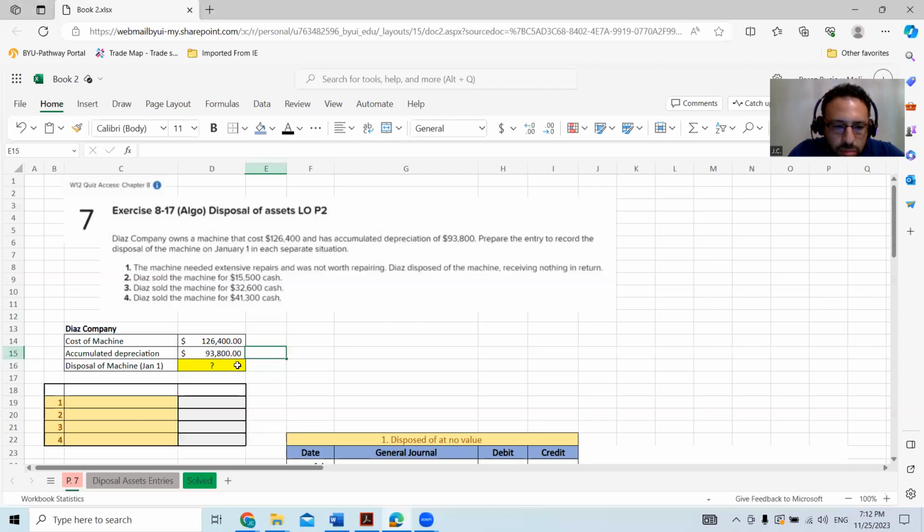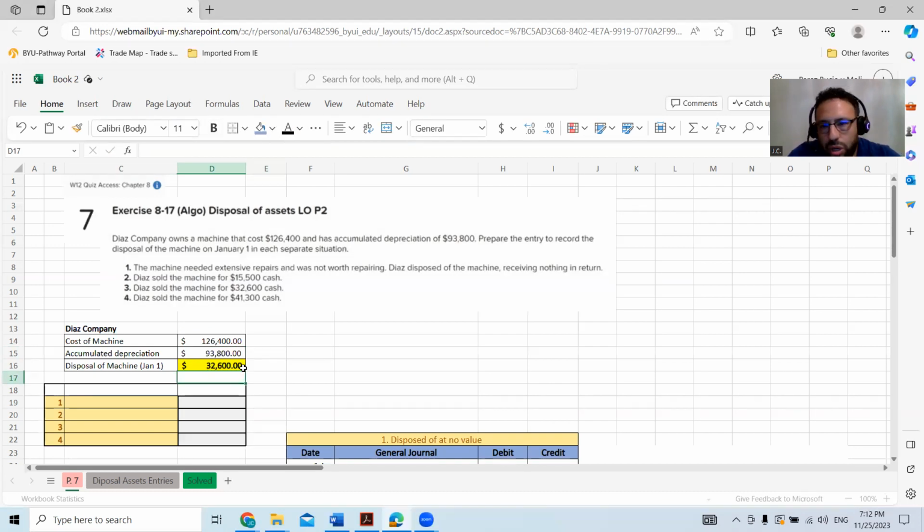I'm just trying to put some order here. One thing we can do is solve for the difference between what it cost and what has been depreciated, subtracting the accumulated depreciation value.